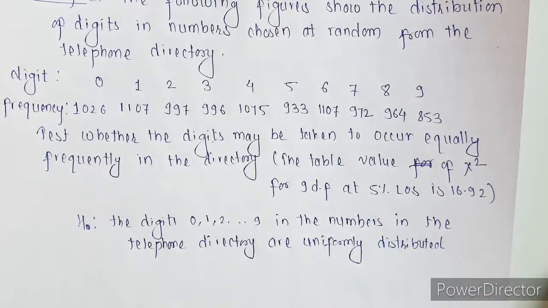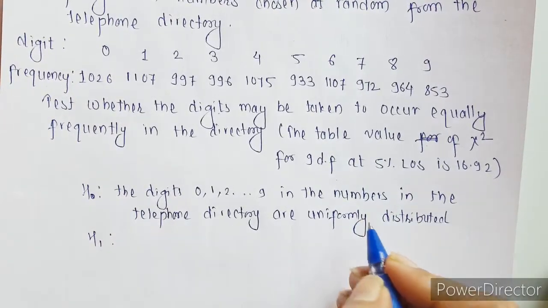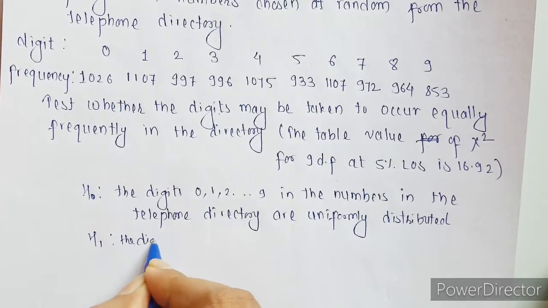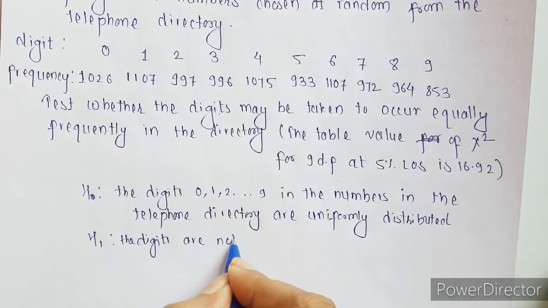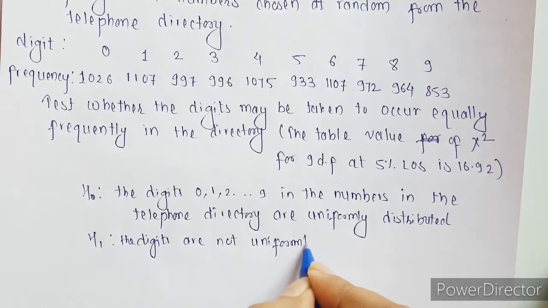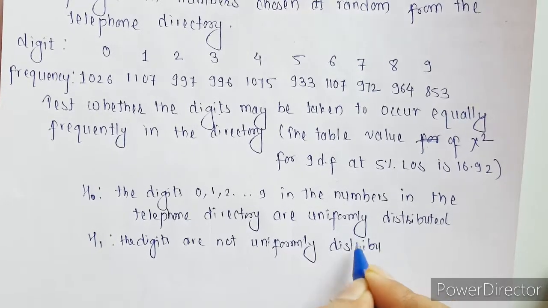What will be our alternative hypothesis? That the digits are not uniformly distributed in the telephone directory.